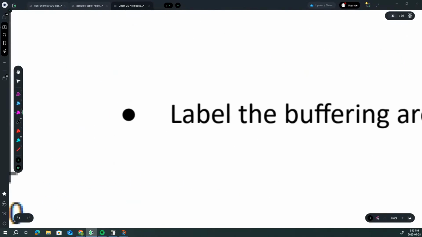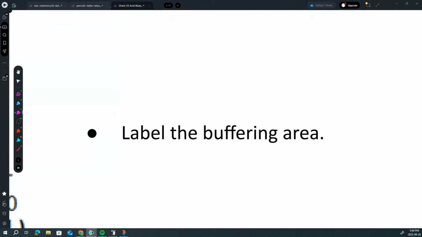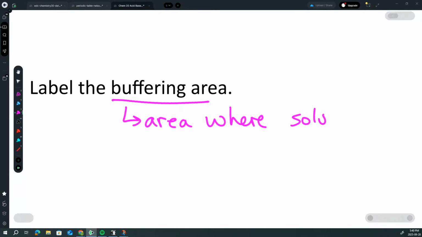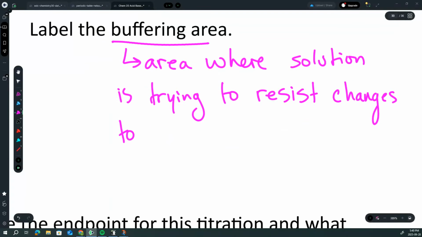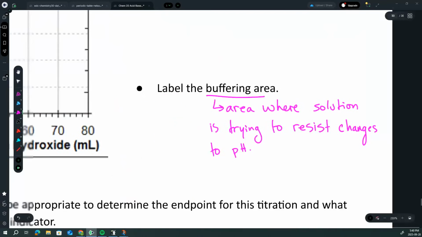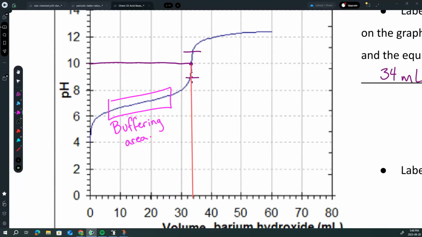And just as a reminder here, the buffering area is where the solution is trying to resist changes to its pH. So that's why I'm always putting a square around the area where pH doesn't change a whole lot.